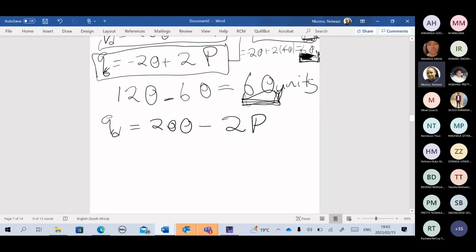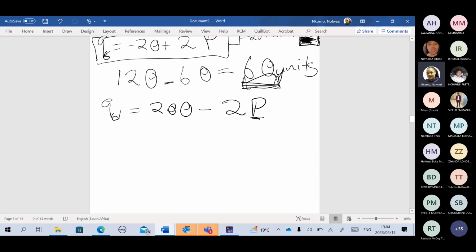You can either first make P the subject of the formula and then substitute 60, or you substitute 60 and then you solve for P. Now I prefer to solve for P first, to make this equation a function of Q.